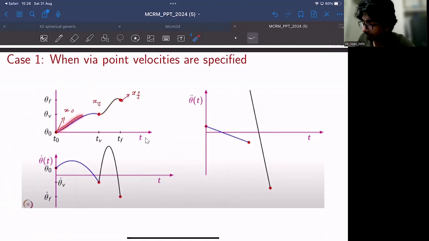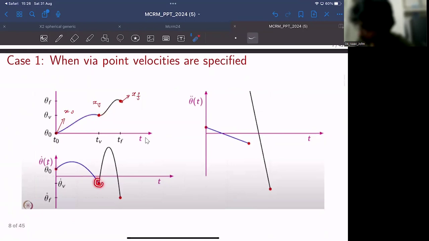If you take the derivative of this curve and plot it, you will get the velocity profile that would look something like this. So the initial velocity profile would look something like this, and the final profile would look something like this. And as you can see, there is a steep point, like a discontinuity at this location.